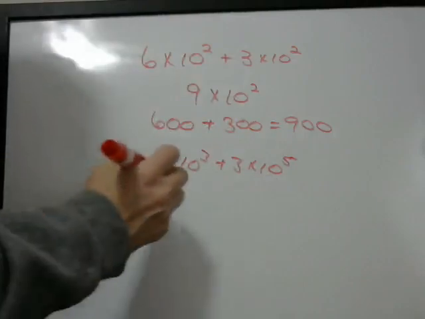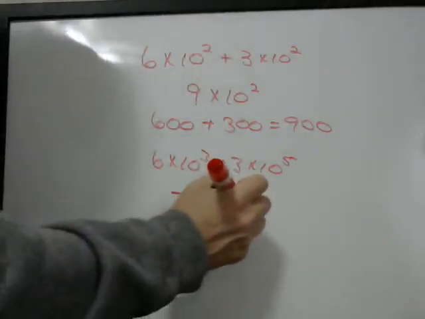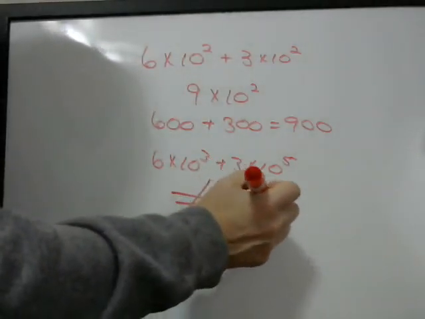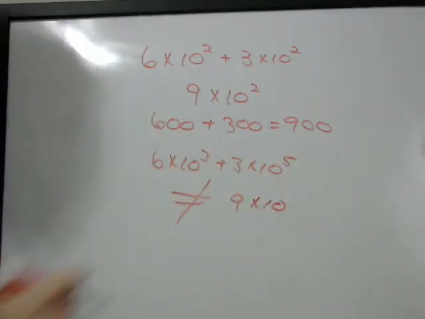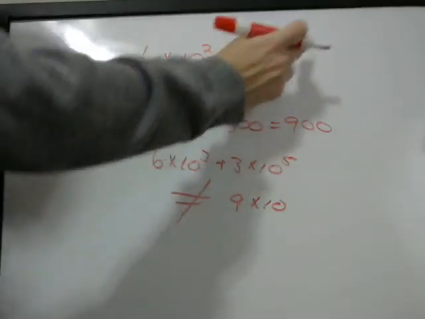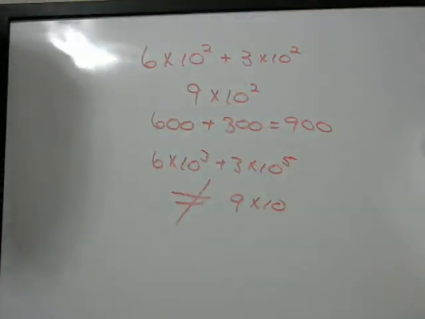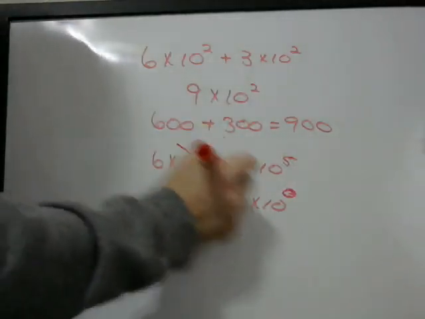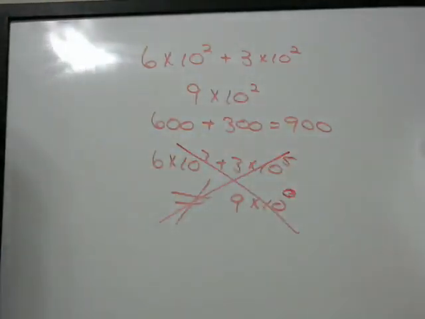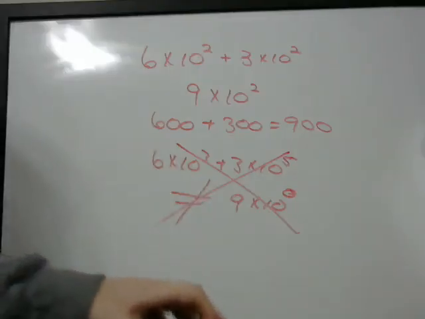But this does not equal 9 times 10, because I don't even know what you would do, because remember, we just brought down the 2 here. So whatever that would be, that's why we can't do it this way. So don't do that. You actually have to plug the numbers in your calculator and figure it out.